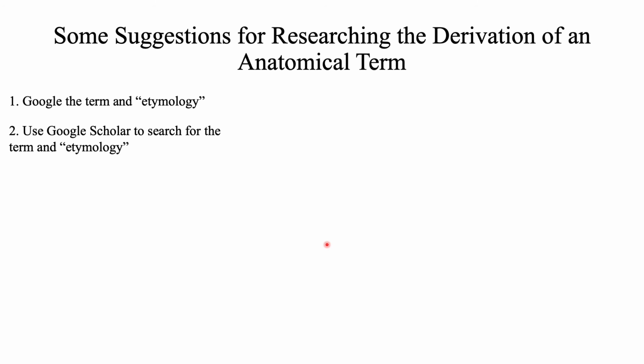So I hope that I've inspired some people to do their own anatomical term research. And here are some suggestions and tips. Google the term along with etymology. Better yet, go to Google Scholar to search for the term and etymology.